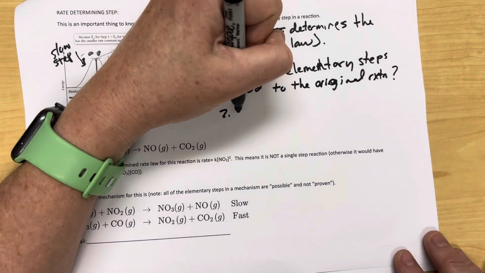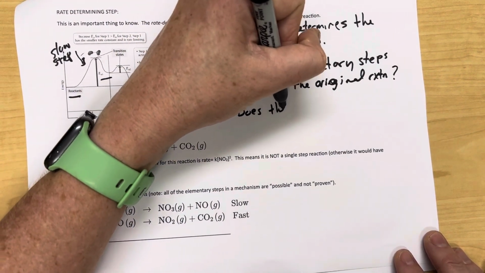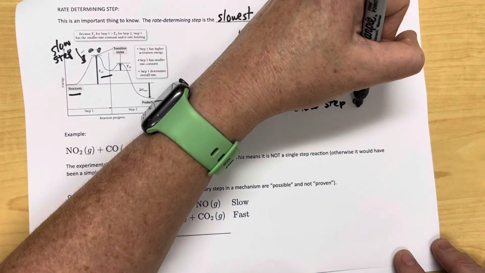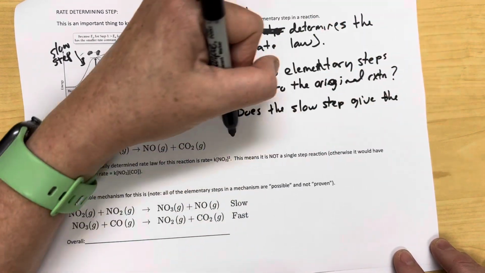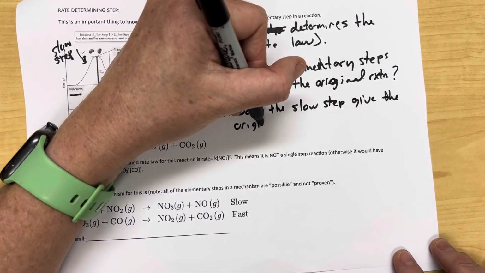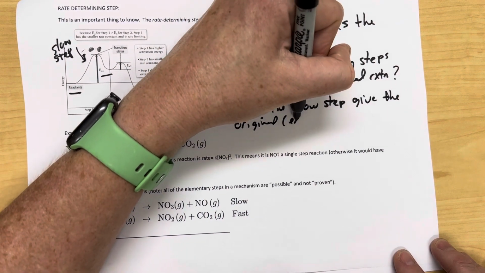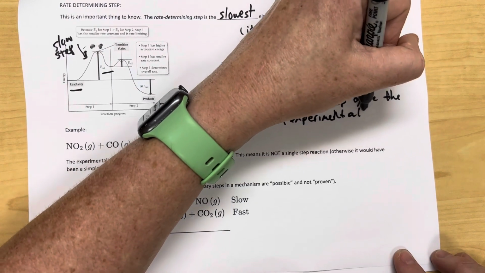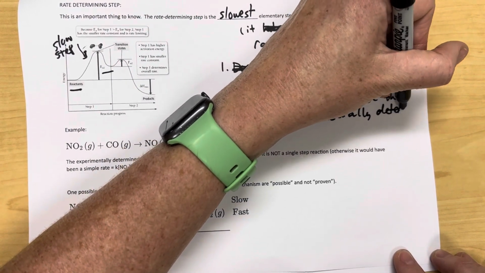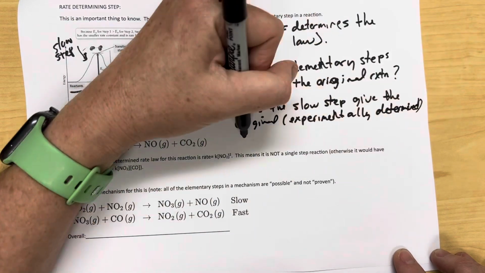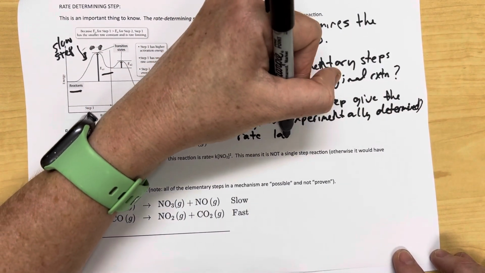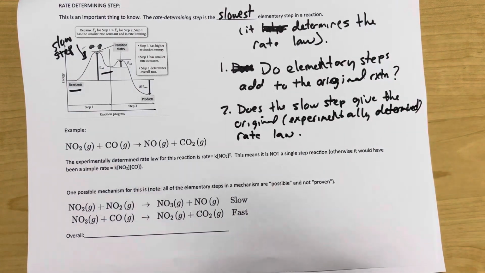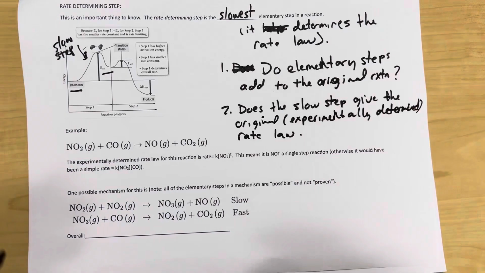And two, does the slow step give the original rate law? In other words, the experimentally determined rate law. So first, do the elementary steps add up? Next, does the slow step give us the original rate law? So let's talk about how that works.